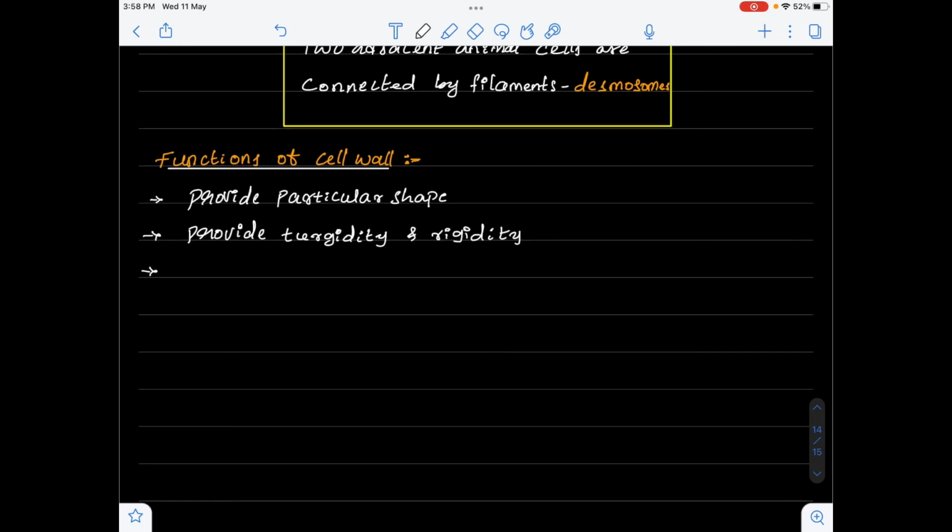The cell wall is permeable to water and substances in solution.